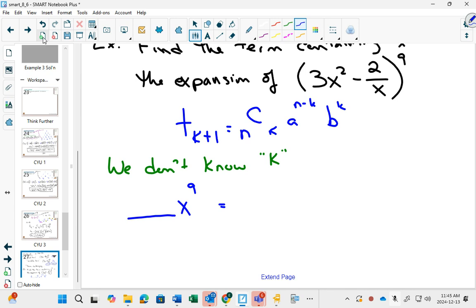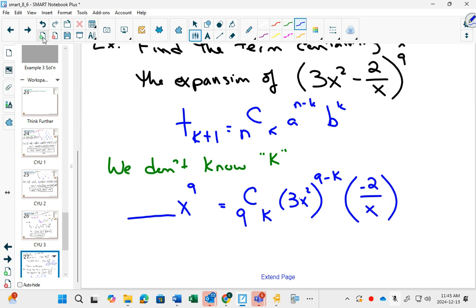On the right-hand side, I know that n is 9, but I don't know what k is. I know that a is 3x squared, I know that n is 9, but I don't know what k is. And I know that b is minus 2 over x, but I don't know what k is. So I write out everything in the formula that I do know.